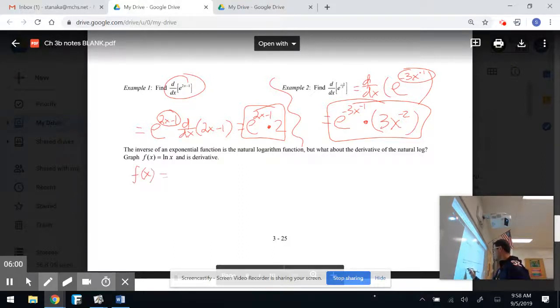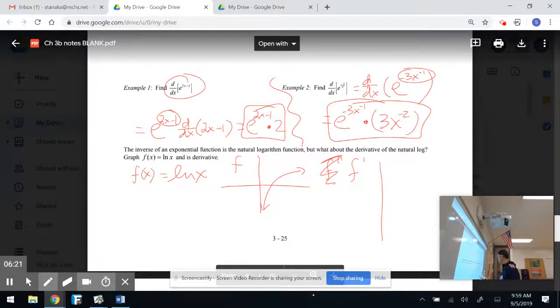Okay, here we go. f of x equals the natural log of x. Now we open up to this bad boy. Do we know what that graph looks like, class? Graph it right now. Hit that pause button. But e to the x and the natural log of x are inverses. So if they're inverses of one another, it would look like that. Now, challenge yourself. Let's go. Challenge yourself. The derivative graph.